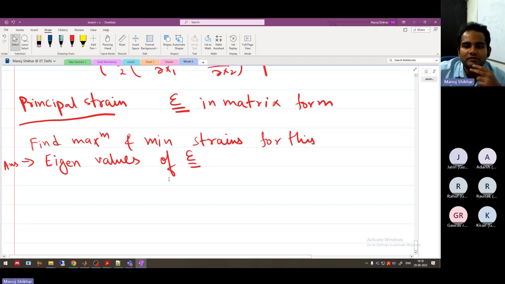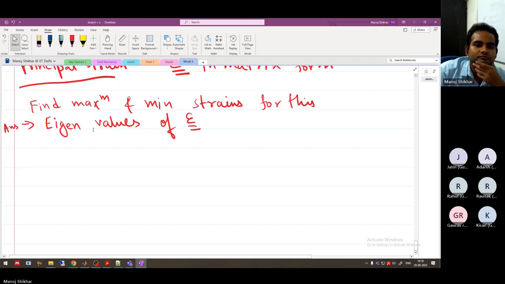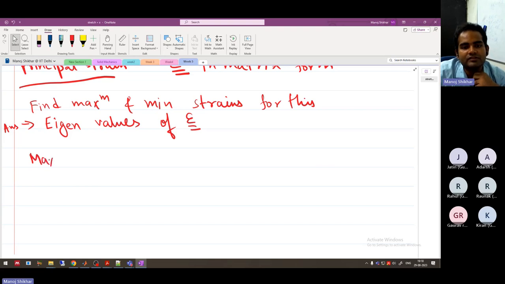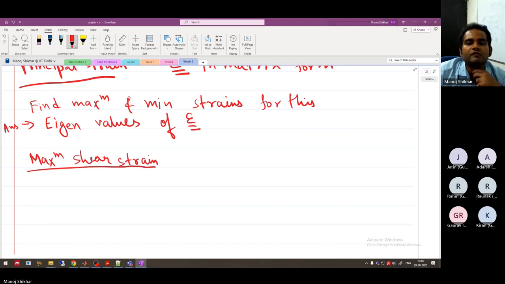Find the eigenvalues of epsilon. If they tell you to find the maximum shear strain, we will follow a similar method to what we did for the maximum shear stress.